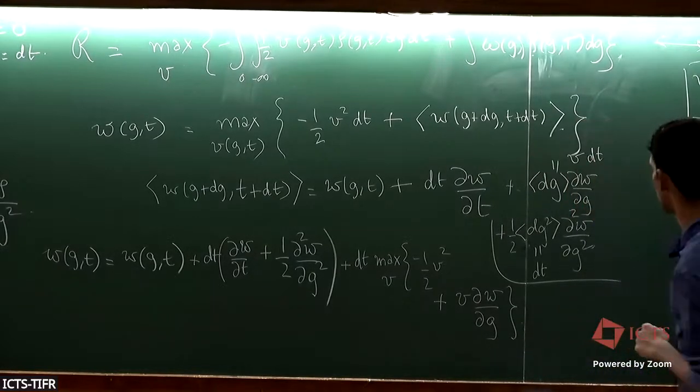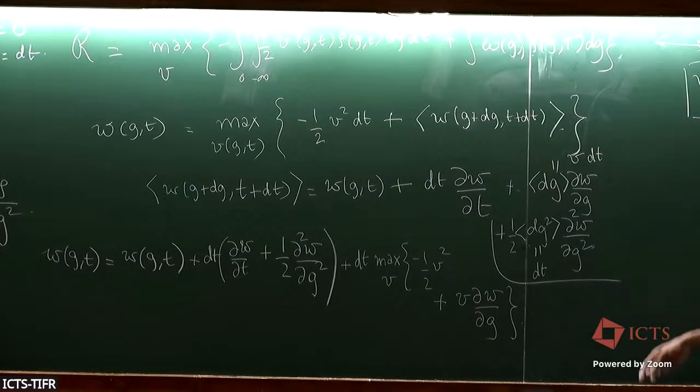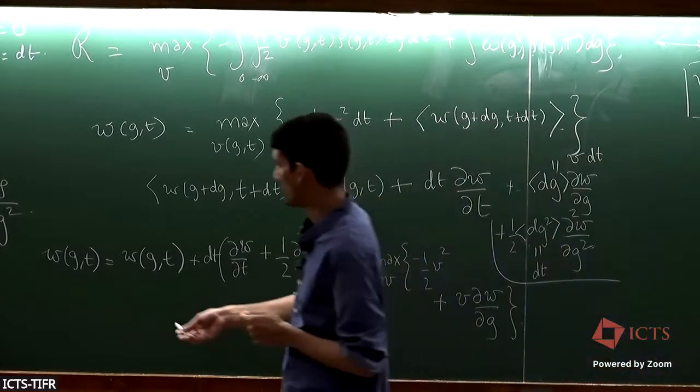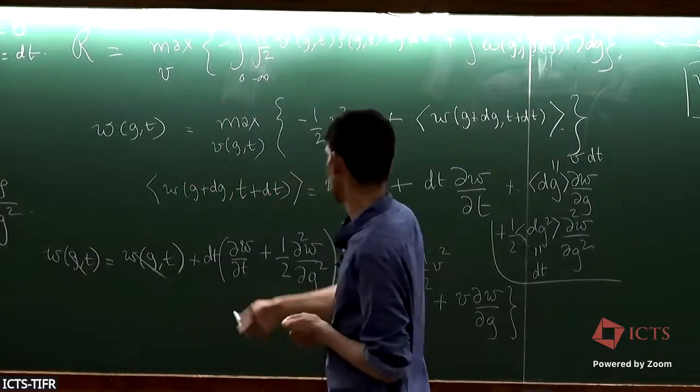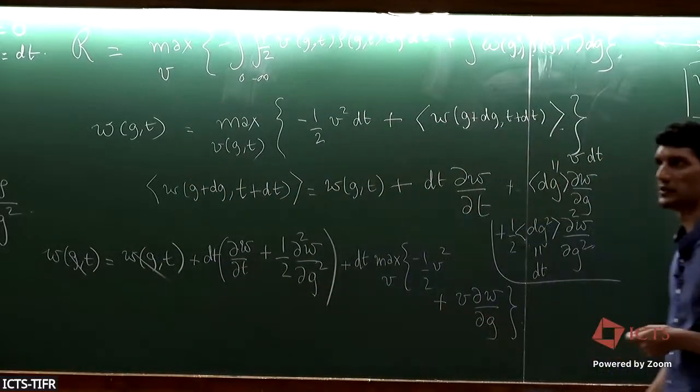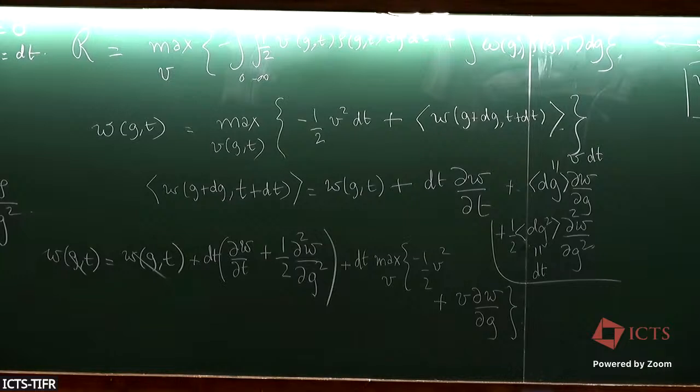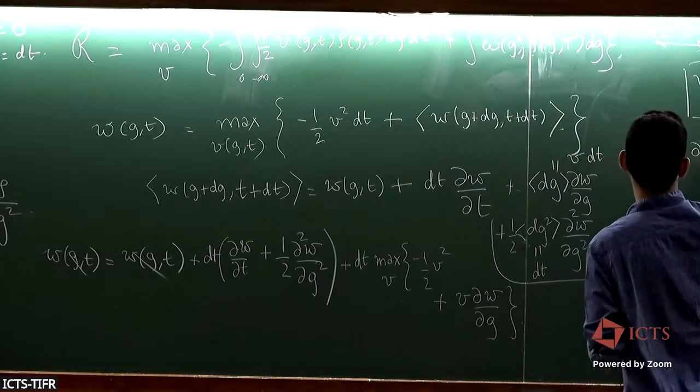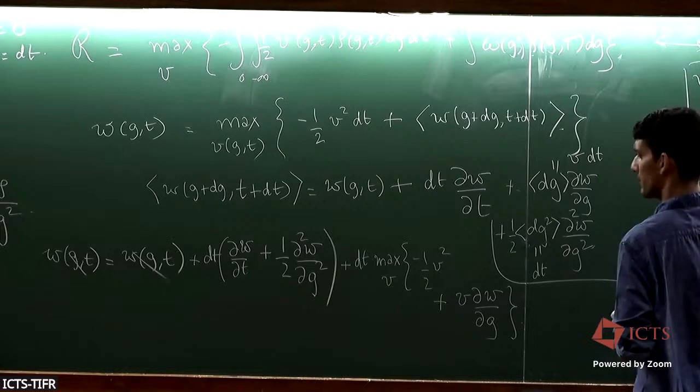So now you plug this back in over here, and you get a PDE. So first thing you can do is you can cancel out these terms, and everything is of order dt. So you can collect all the terms of order dt and set them to 0. You're going to get a PDE, which is unfortunately a little bit annoying.